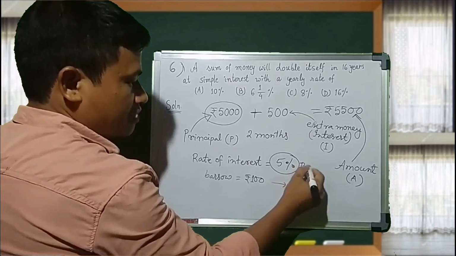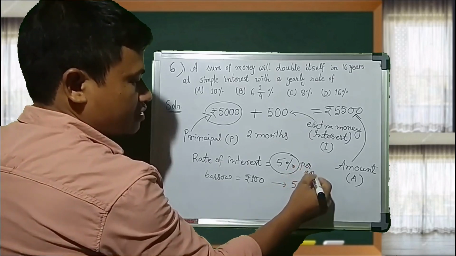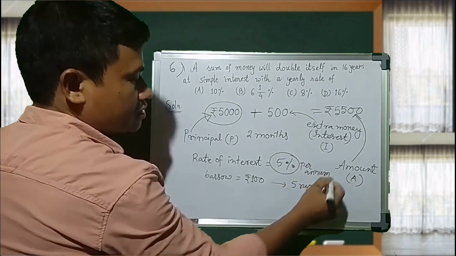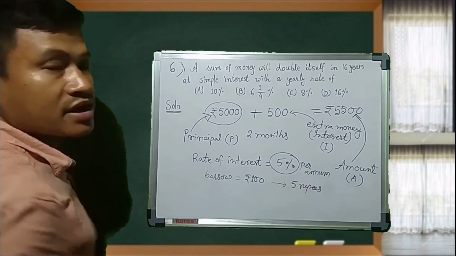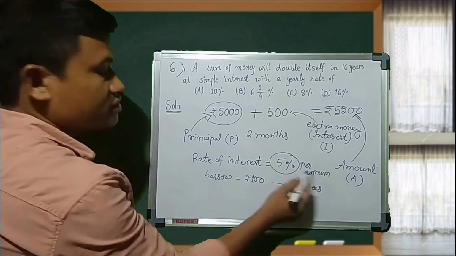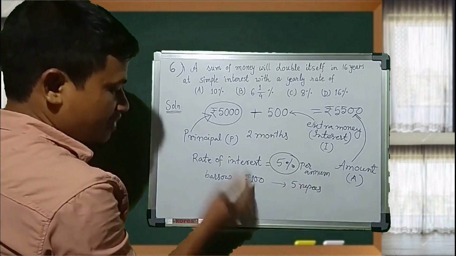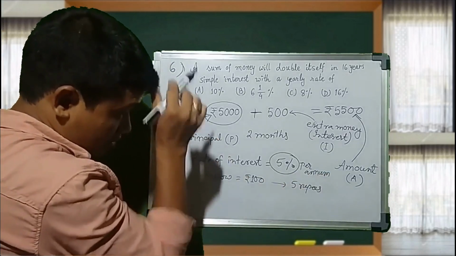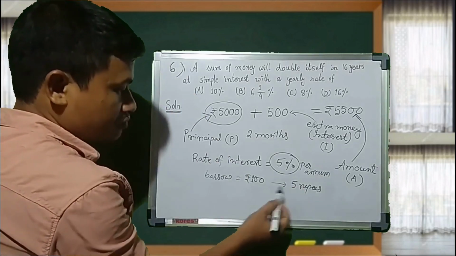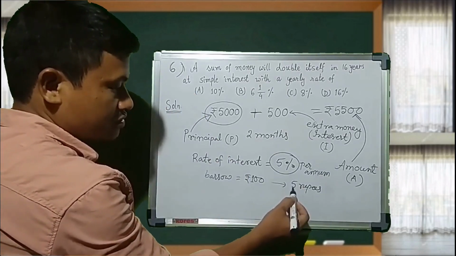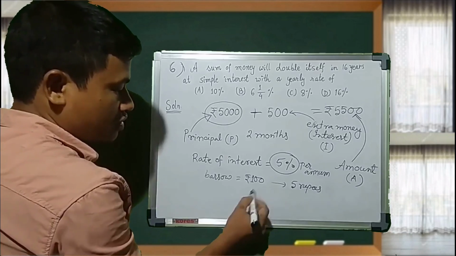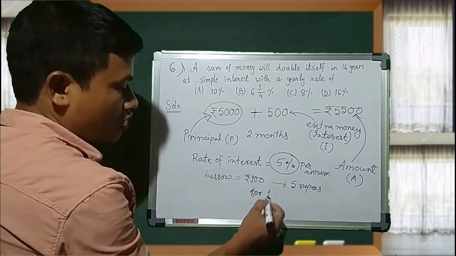And 5% per annum. So sometimes it is written like this, 5% per annum. So what does per annum mean? Per annum means per year, every year. It means yearly. So if I borrow 100 rupees from someone, I have to pay extra money, and that is 5 rupees for 1 year.